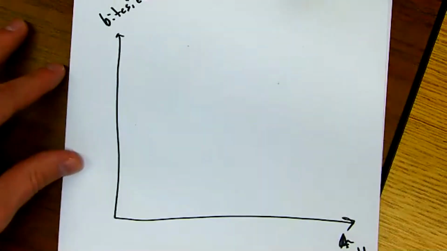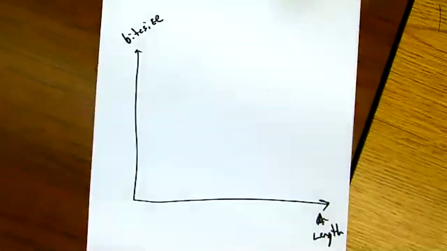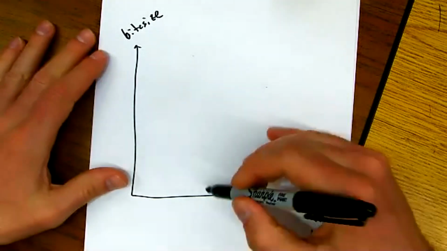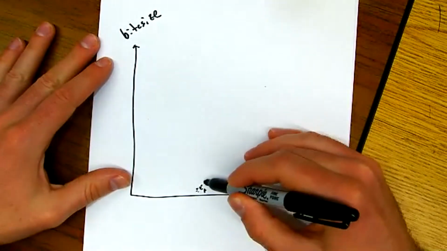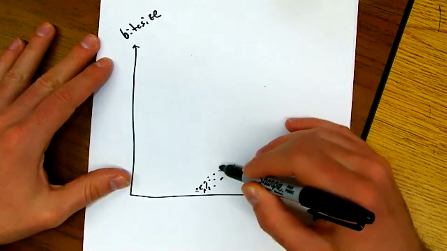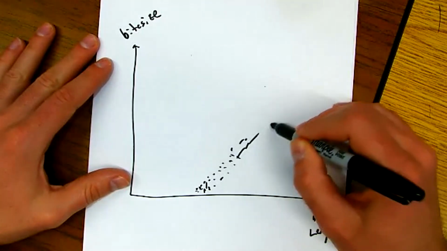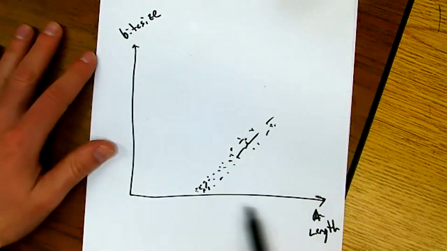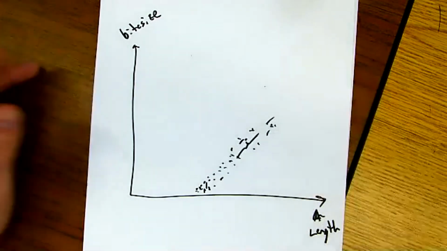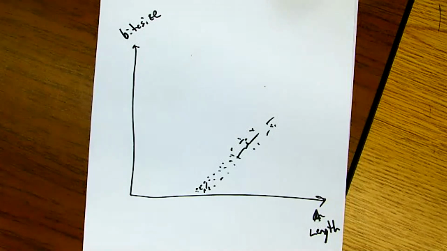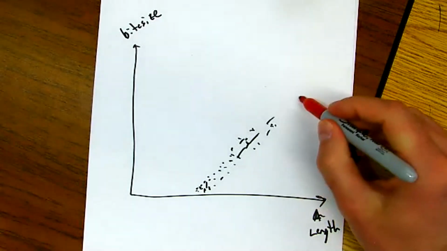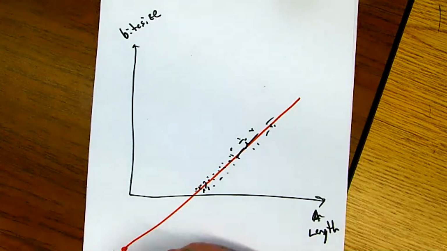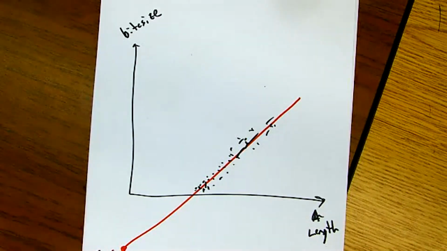Let me zoom out a little bit here. My guess is if we look at shark attacks, even if someone was bitten by a small shark, they're probably not reporting it if it's like a 1-foot shark, right? So probably most of our data is somewhere over here. As the shark gets longer, the bite size we would see is probably going up as well. The problem is when we draw this line of best fit, notice that the intercept ends up being negative, right? It's below 0.